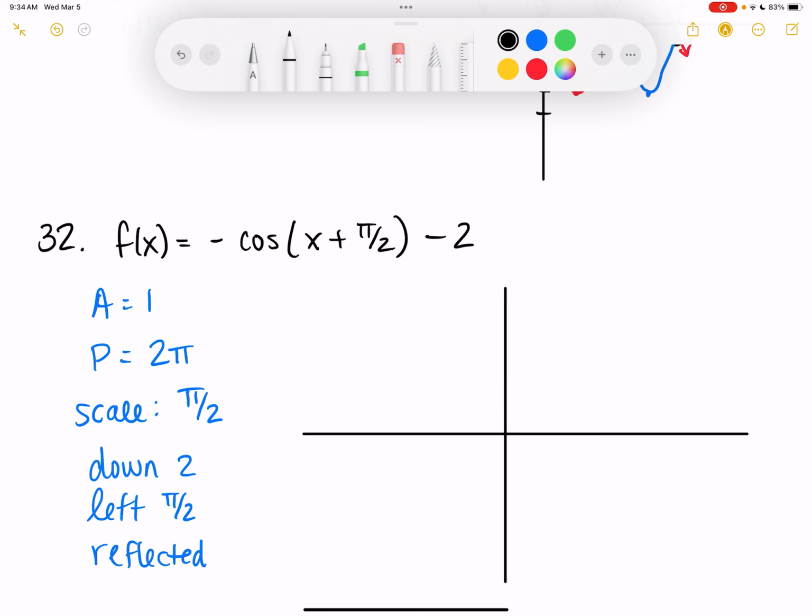I'm going to space them out a little bit better than I sometimes do, just so that I can see everything. I'm going to scale my x-axis, and I know that it's going left pi over 2, so I'm going to go on the left side of the axis, just to minus pi over 2. That's all I need to do.